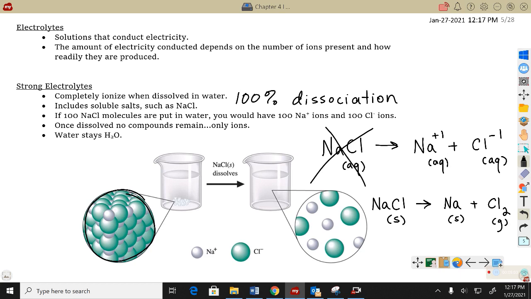Now, while that reaction might be really fun, and while maybe we could even balance it, you remember balancing these things last year? You were probably really good at it. That's why you decided to take another year of this. We just have to make sure there's the same number of atoms of each element on both sides. So there's 1 chlorine, and then there's 2 chlorine.